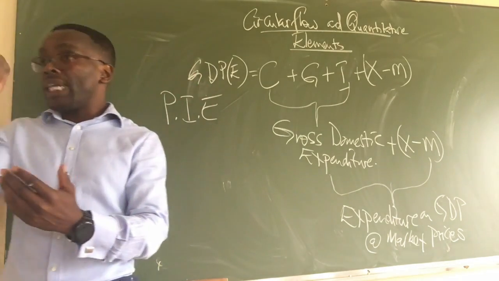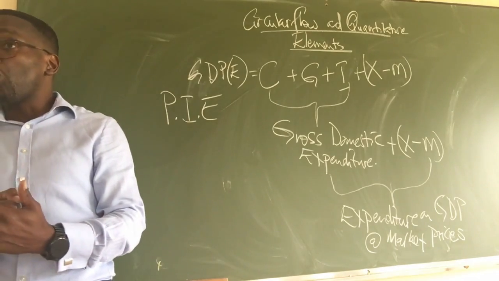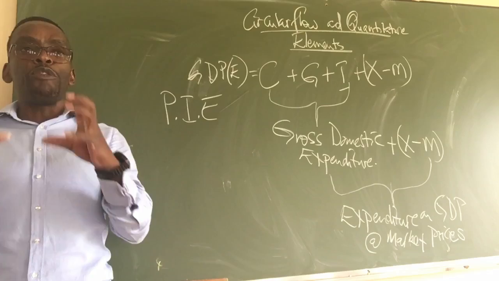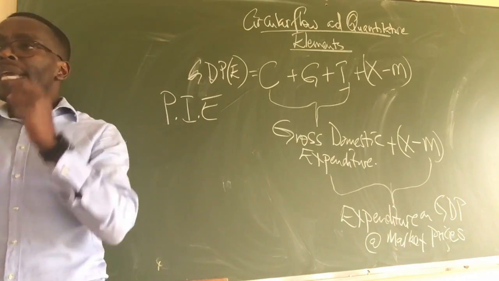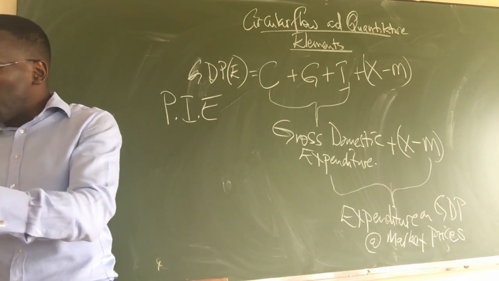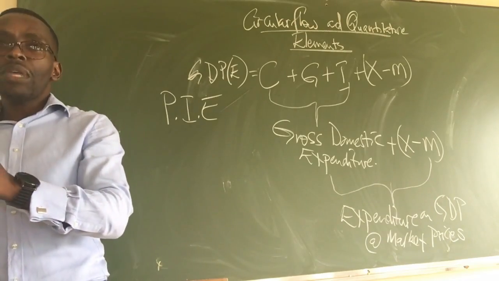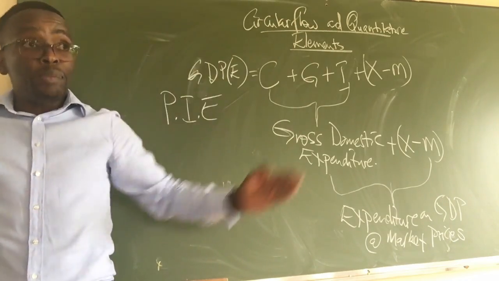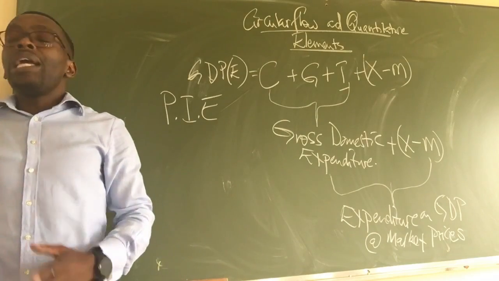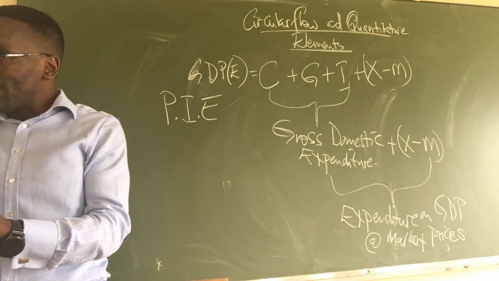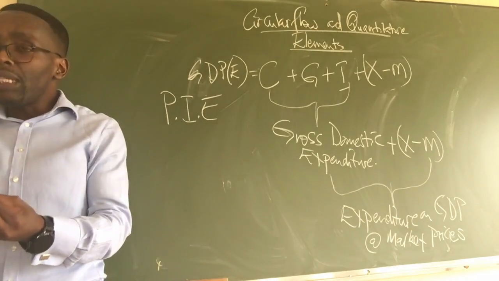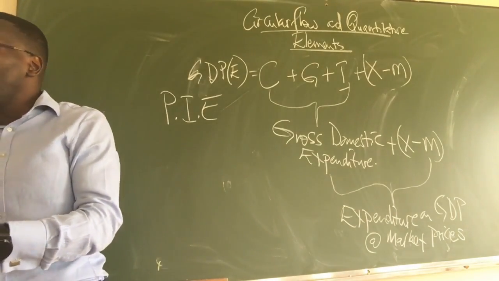In other words, we calculate our total value of final goods by looking at the value that was added by individual sectors of the economy.